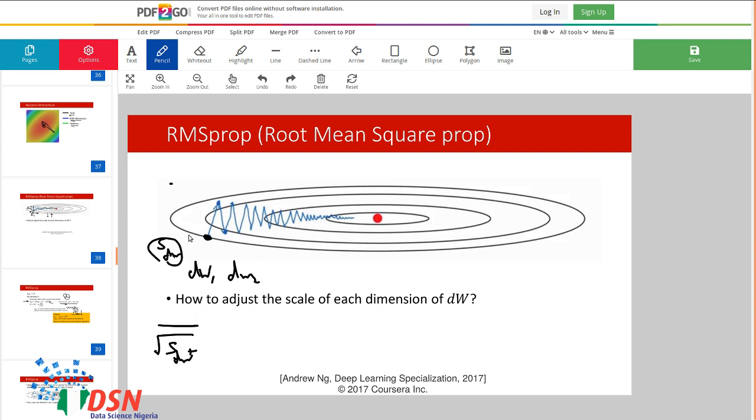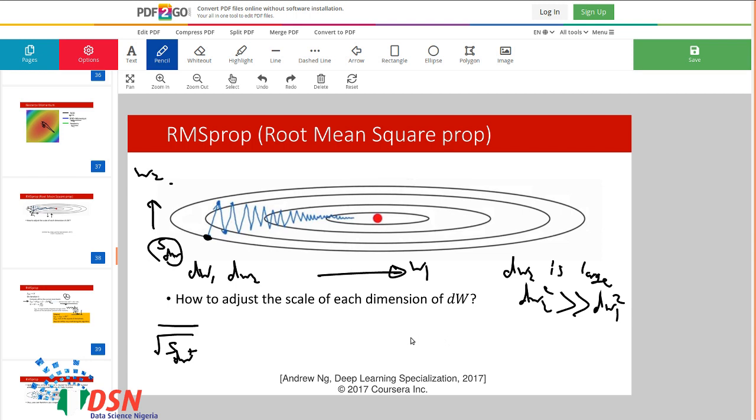Let's say this is the direction of W1 and this is the direction of W2. Because in this direction we have a larger dW, or dW2 is large, dW2 squared is much larger than dW1 squared.